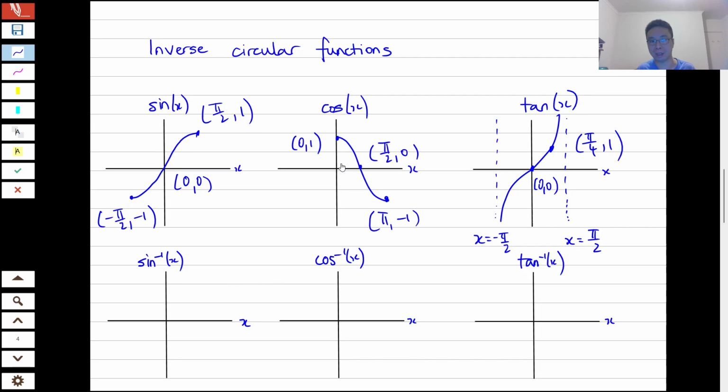We could have chosen something else, but I think as you're looking at this, it should be clear that these are somehow the simplest possible choices we could have made. If we made any other choice, we would have had to have gone further away from the origin, which doesn't really make sense. So once we do the inversion, all the x and y coordinates will swap, and the curvature or the concavity of the graph is going to swap. So you'll notice that the graph looks like this. So when I sketch the inverse, it's actually going to look like that when I reflect about the line y equals x.